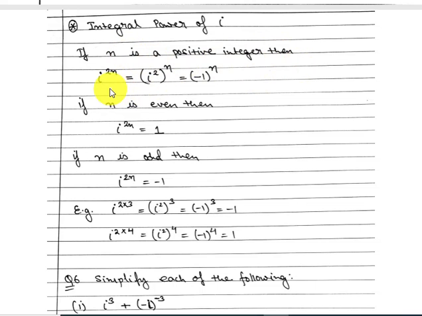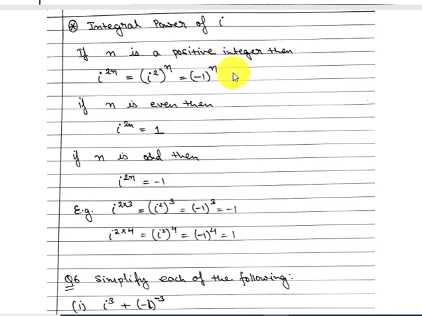Then I to the power 2n can be written as I square to the whole power n. But I square is nothing but minus 1, to the power n. That means if n is a positive integer, then I to the power 2n can be written as minus 1 to the power n. Now this would be equal to minus 1 or 1.